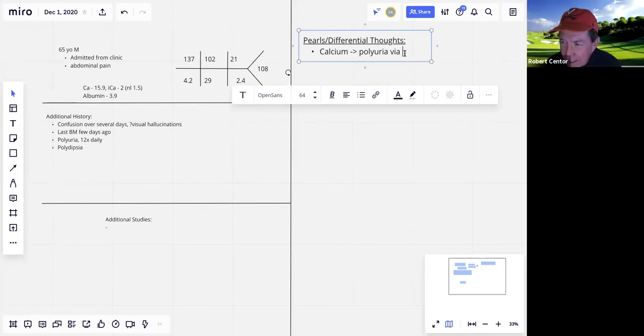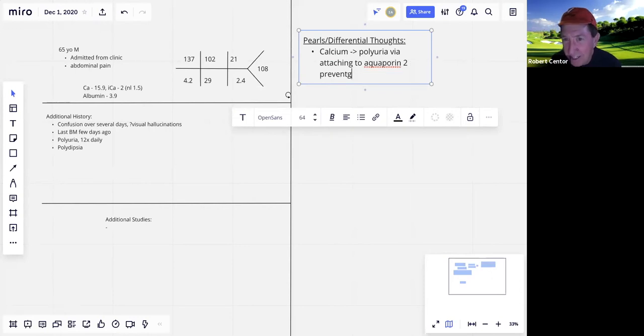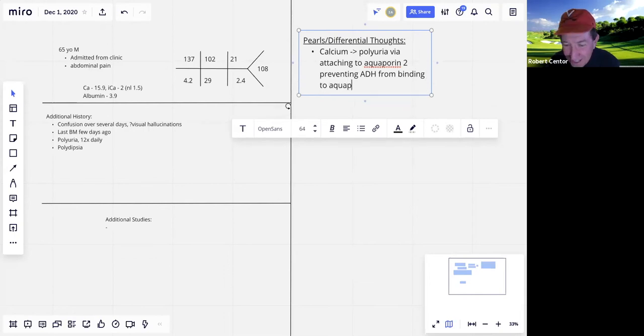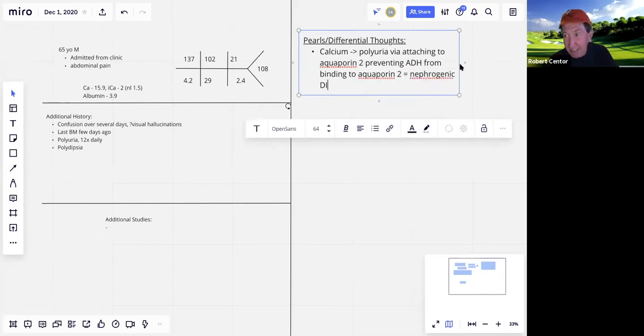It's actually simpler than that. So it attaches to aquaporin 2 and prevents ADH from attaching to aquaporin 2. And as soon as you lower the calcium, the polyuria goes away. This is the big cause of nephrogenic diabetes insipidus. Okay, so his presentation is classic.